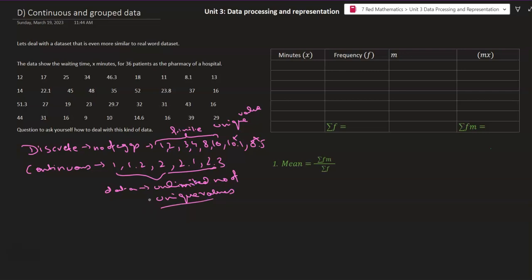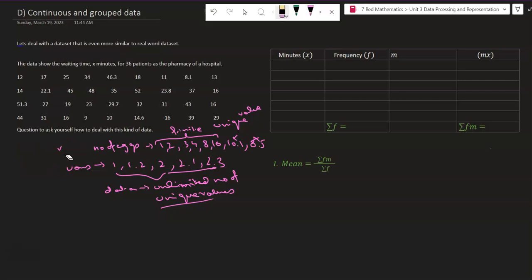So now the problem is, when I make my table of x and f, I will have way too many x. So let me just drop this all, and we will see this data.